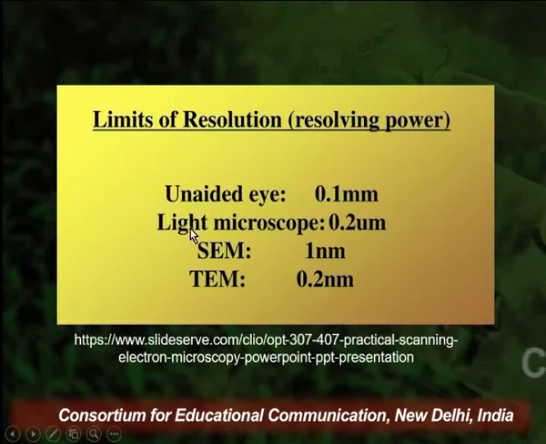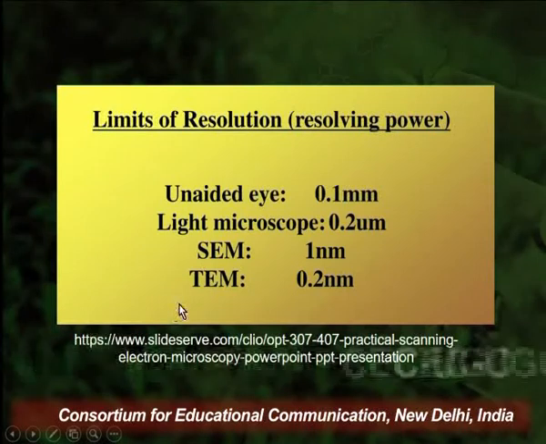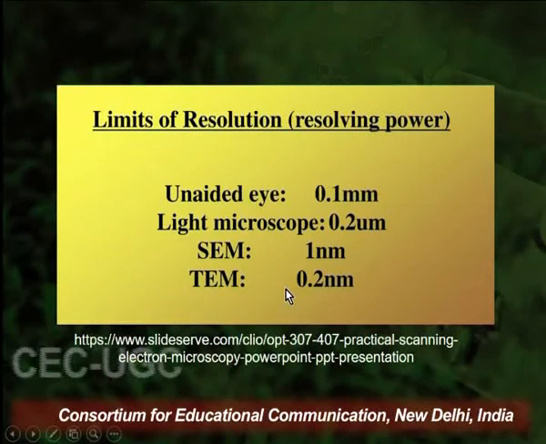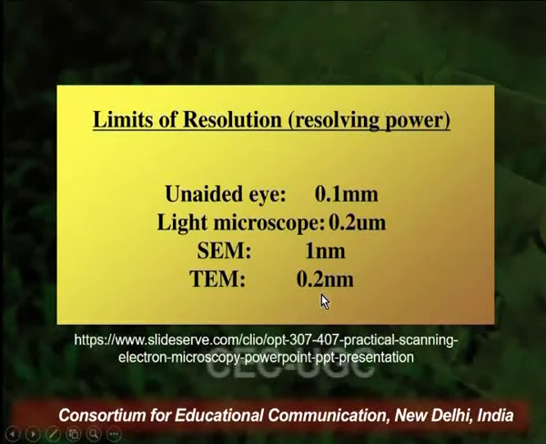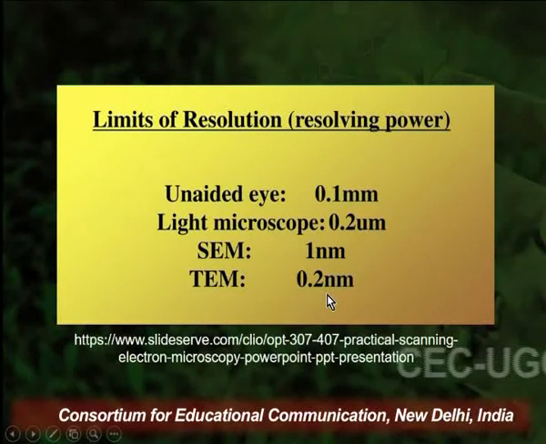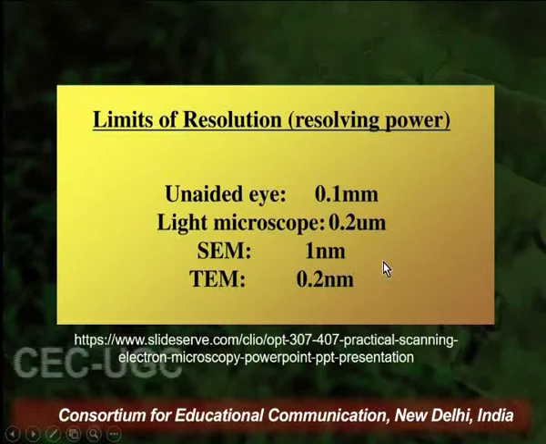When we compare this resolving power with scanning electron microscope, the scanning electron microscope has a resolution of 1 nanometer, whereas the resolving power of transmission electron microscope is as fine as 0.2 nanometer.